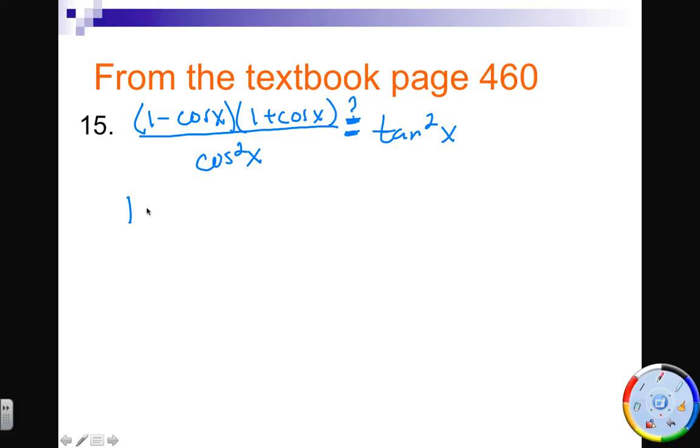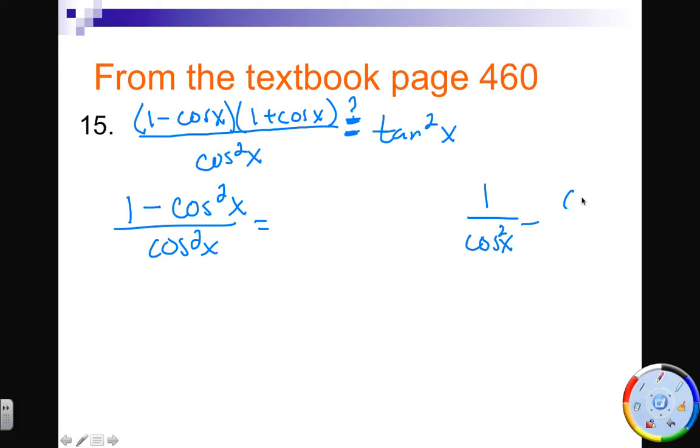So 1 times 1, and then I get a minus cosine squared x. Here, you'll want to resist the urge of doing this. This is legal. It just kind of makes your problem become this. 1 over cosine is secant.